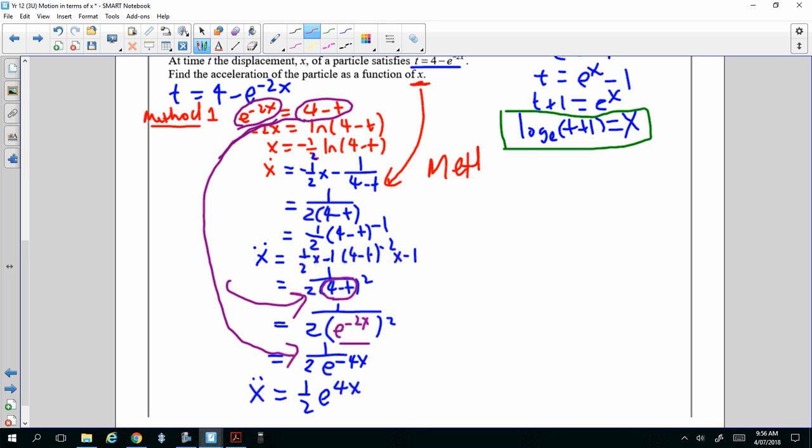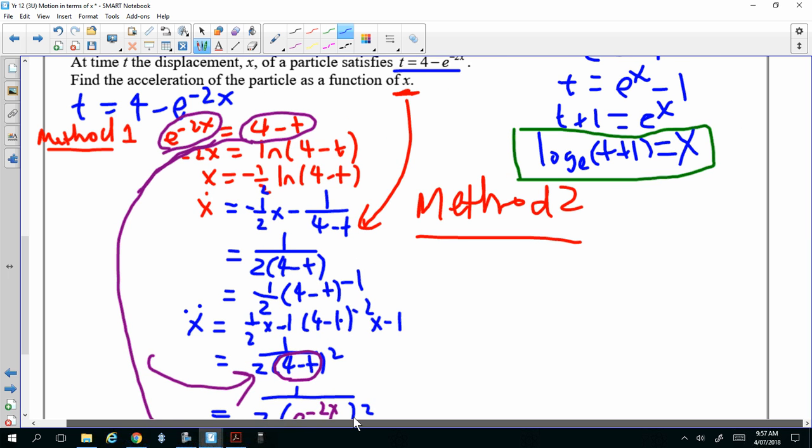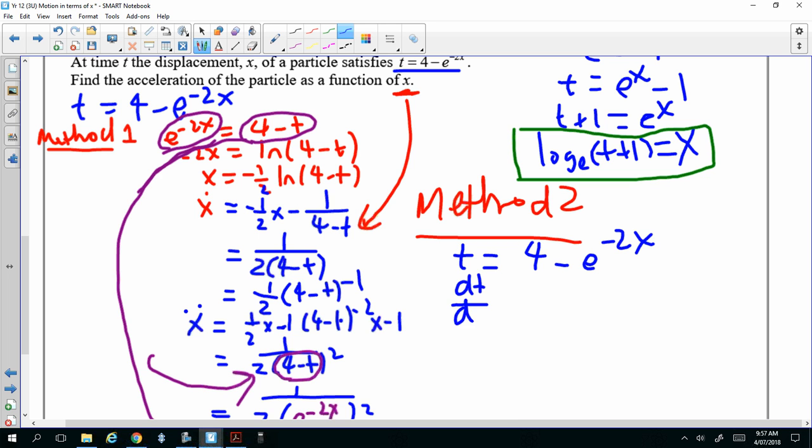We get dt over dx equal to 2 e to the power of negative 2x. Right? Now, why do I do this? Because if you reciprocal that, I get v, which is v equal to half e to the power of positive 2x.